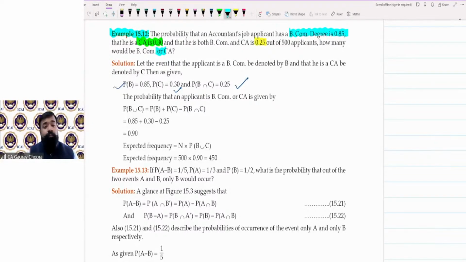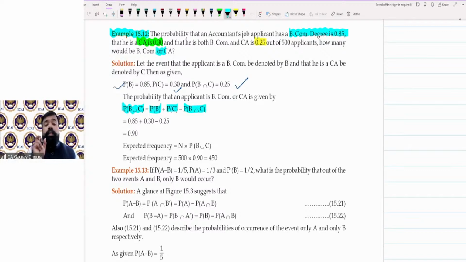We have written that formula: probability of A plus B minus A intersection B. This formula we had discussed in the previous session. So applying the same formula here, probability of B union C will be that the person will be BCom plus he will be a chartered accountant minus the common portion. Why are we subtracting the common portion?